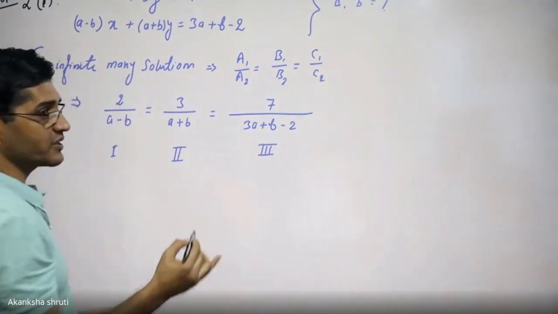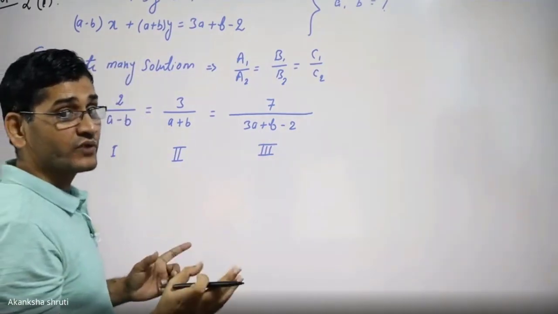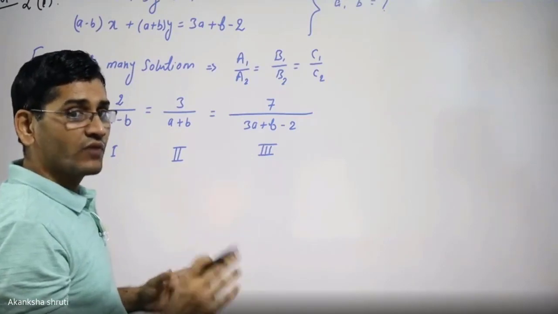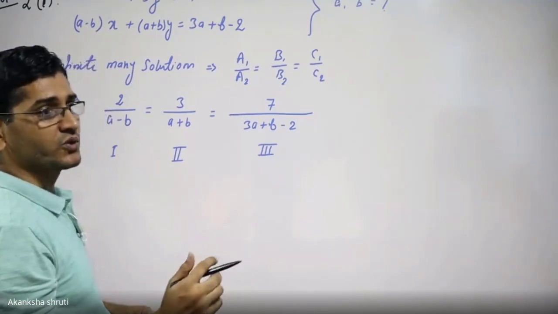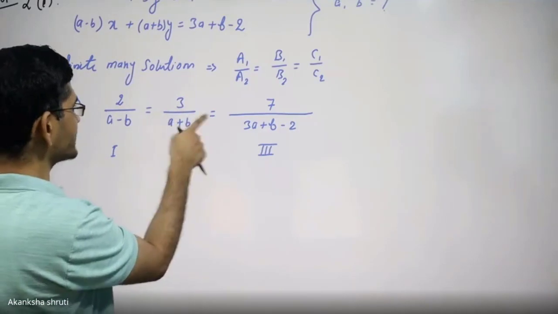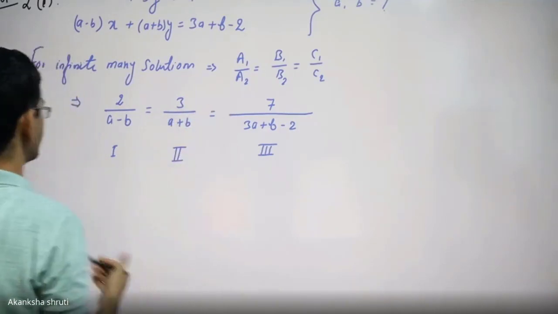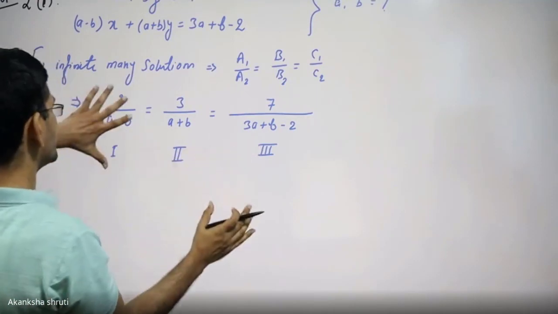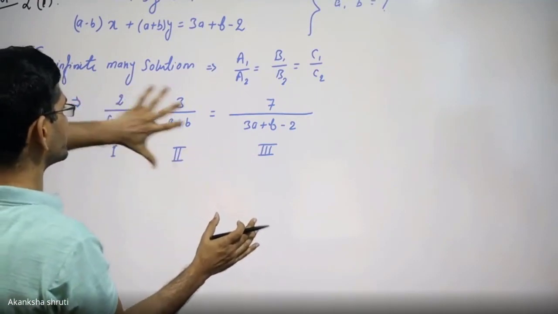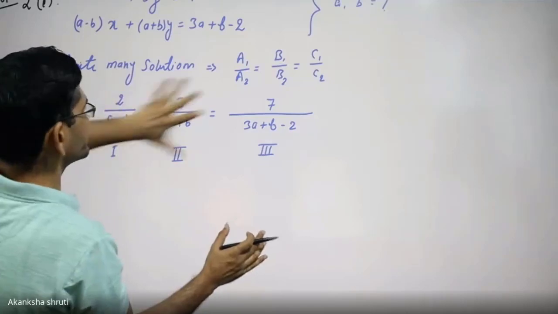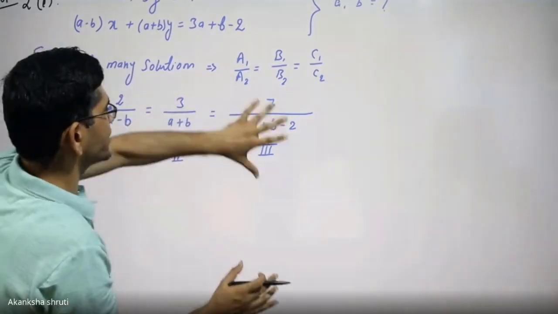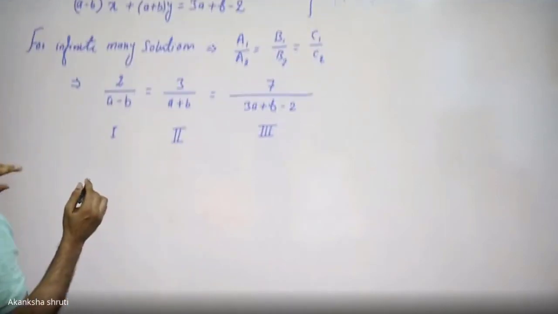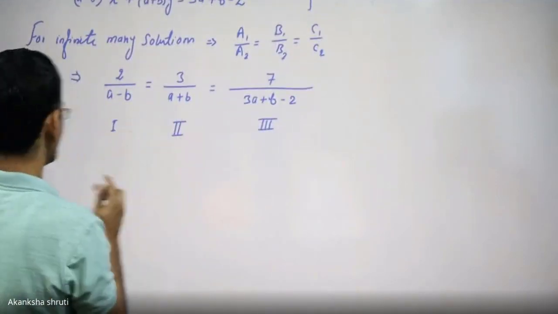Though it appears to you that we can frame three equations, but three equations are not there, because one of them is the combination of the other two. So how many equal signs are there? That many equations only you can frame. For framing that equation, you need to equate the first ratio with the second, or first with the third, or second with the third, or second with the first. You are free to choose any two at a time.